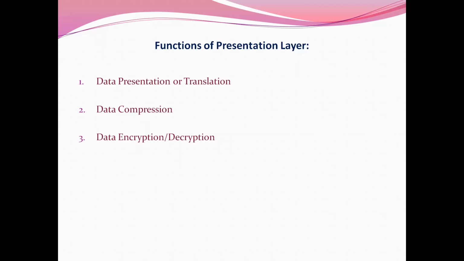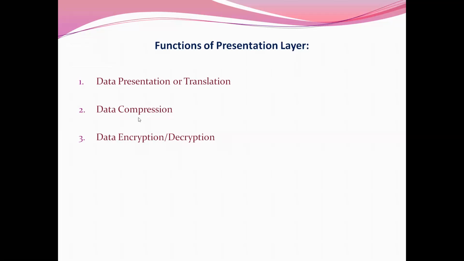Is it not? How much time does it take to transfer data if it is 5 MB and if it is 2 MB? If it is 2 MB, it takes less time. So if the data is compressed, it increases the speed of operation. That's why the data is not only translated, but also compressed for quick transmission.